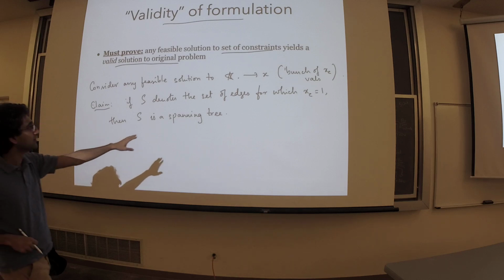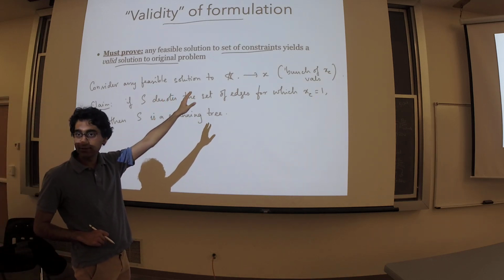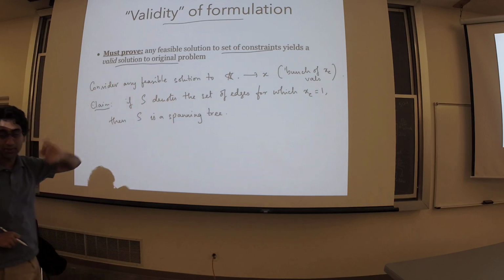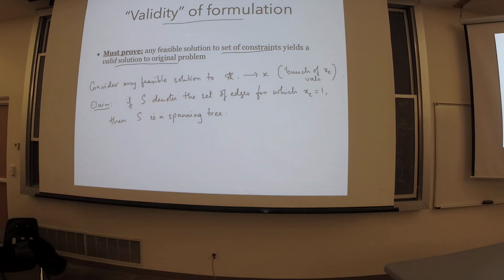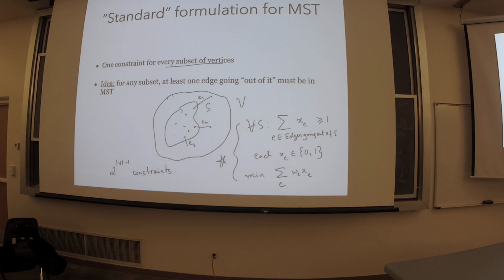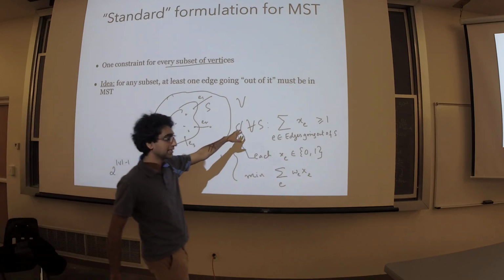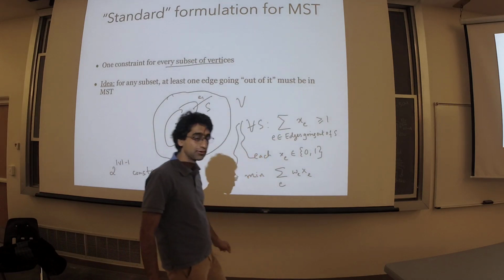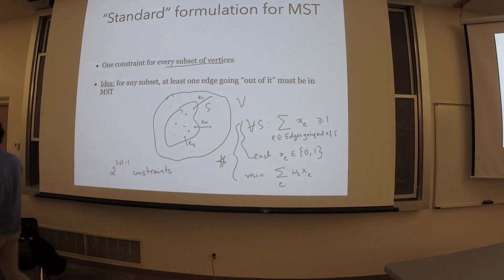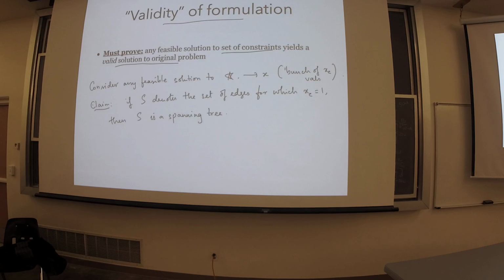So it's saying that you look at a feasible solution X to this optimization formulation, which is something that satisfies these two inequalities. Each xe is 0 or 1, and for any set S, this thing holds. Then we would like to say that if you just look at xe equals 1 values, then these form a spanning tree.